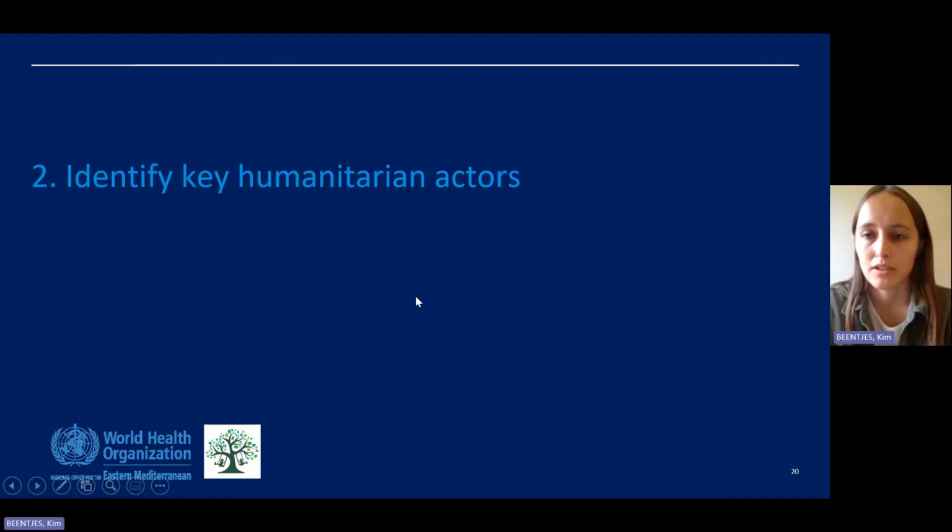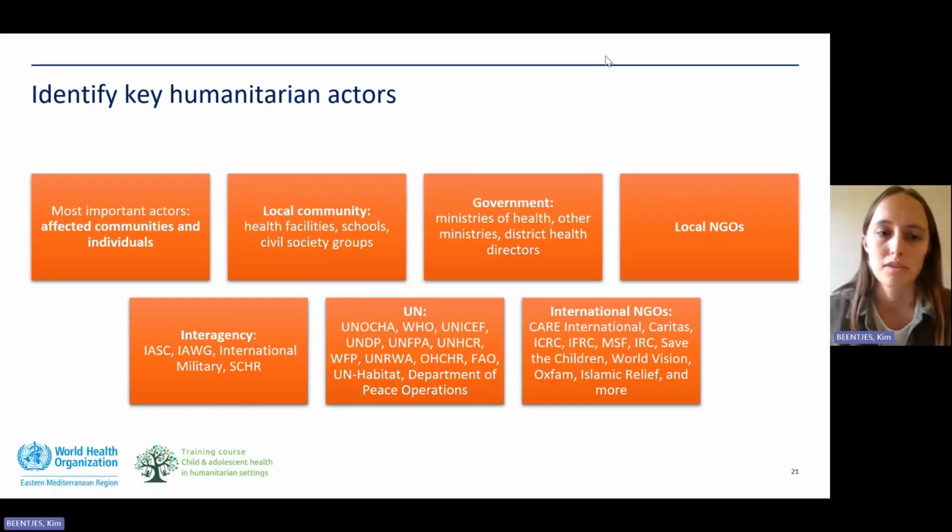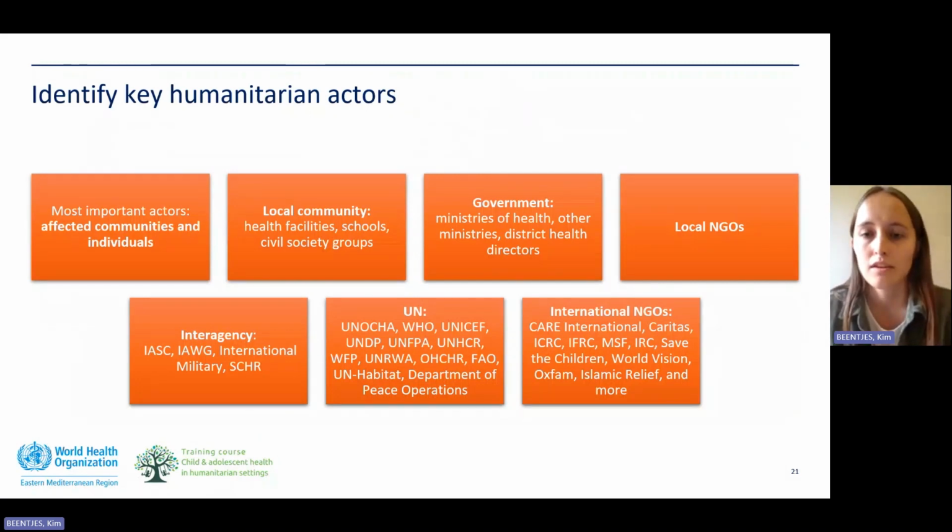The most important actor is always the affected communities and individuals. Then we have the local community, including civil society groups and schools, the government, including ministries of health and other ministries. We have local NGOs and international NGOs, and then we have UN agencies and interagency.